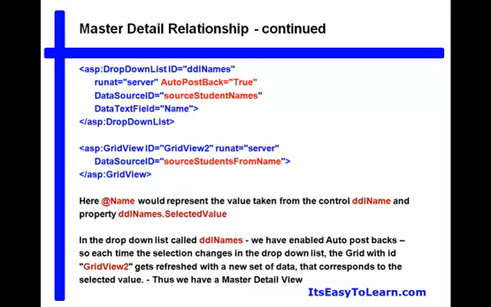So in this example, DDL names had the data source ID as source student names.